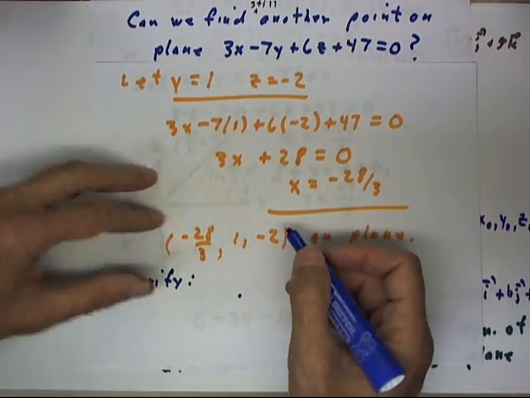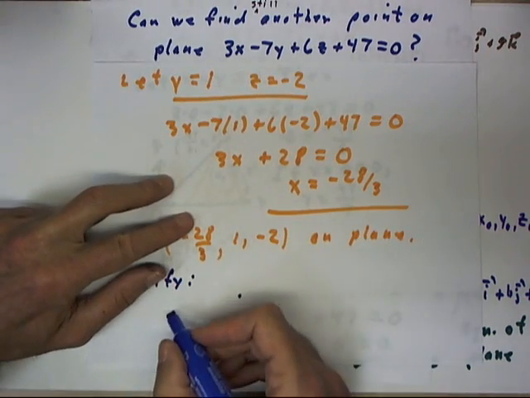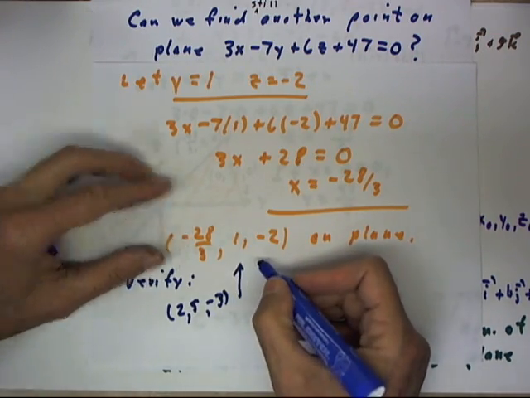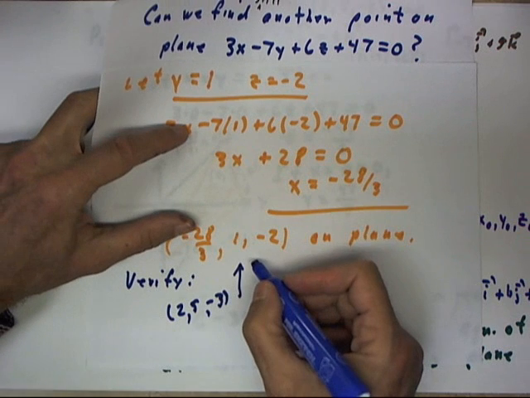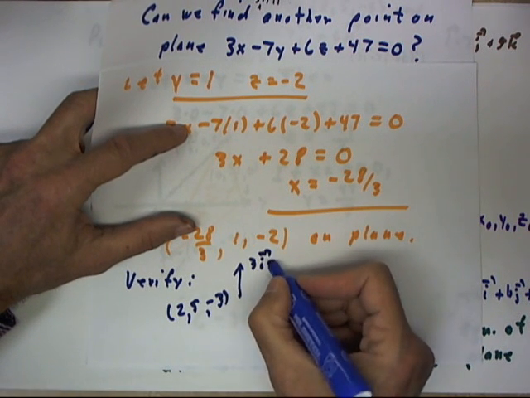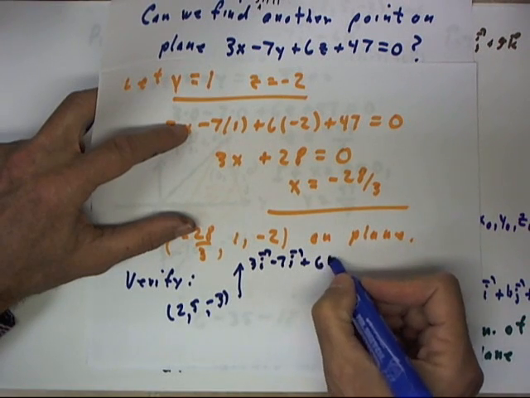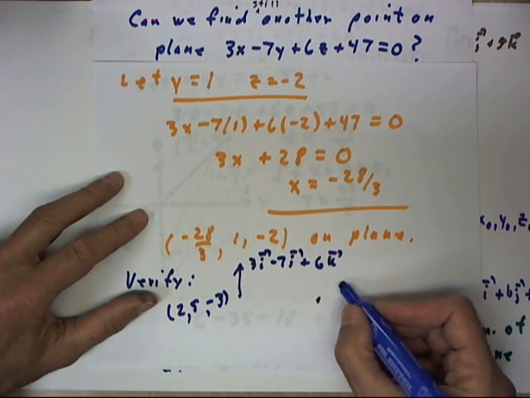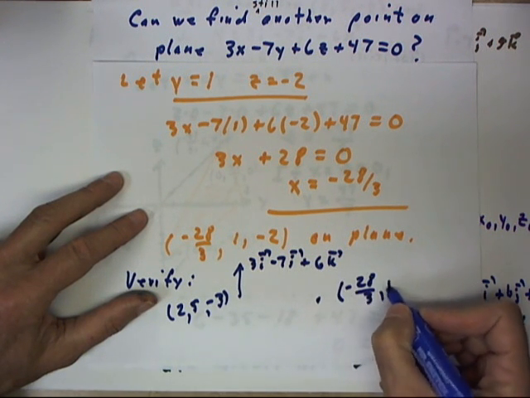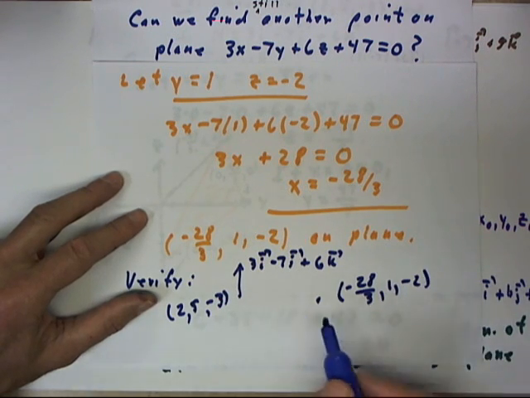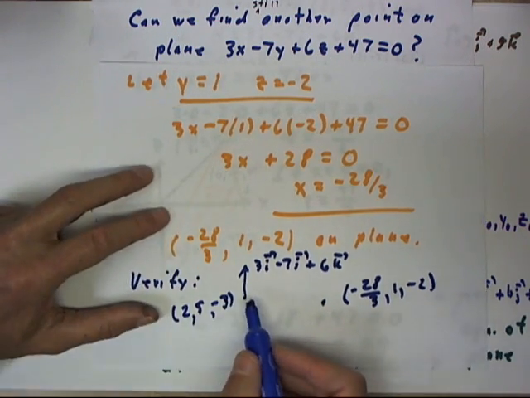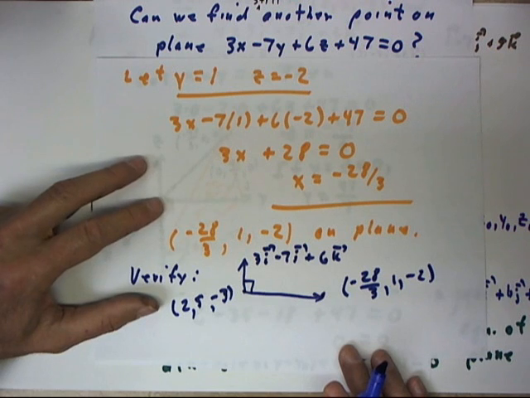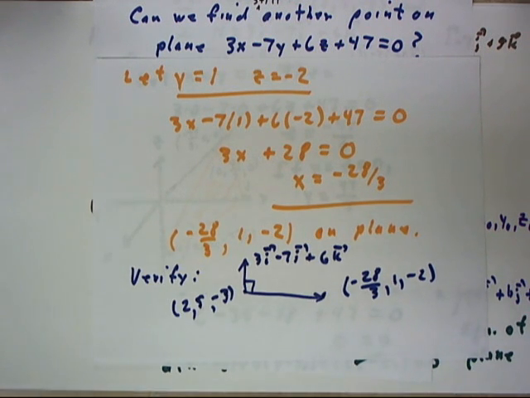So if we draw a point and label it 2, 5, -3, and a normal vector, and let's make sure we get this right, 3, -7, 6, so it's 3i minus 7j plus 6k, and a point representing -28 thirds, 1, -2. Does the vector from this point to this point make a right angle with this normal vector, as it must if the point is to lie on the plane?